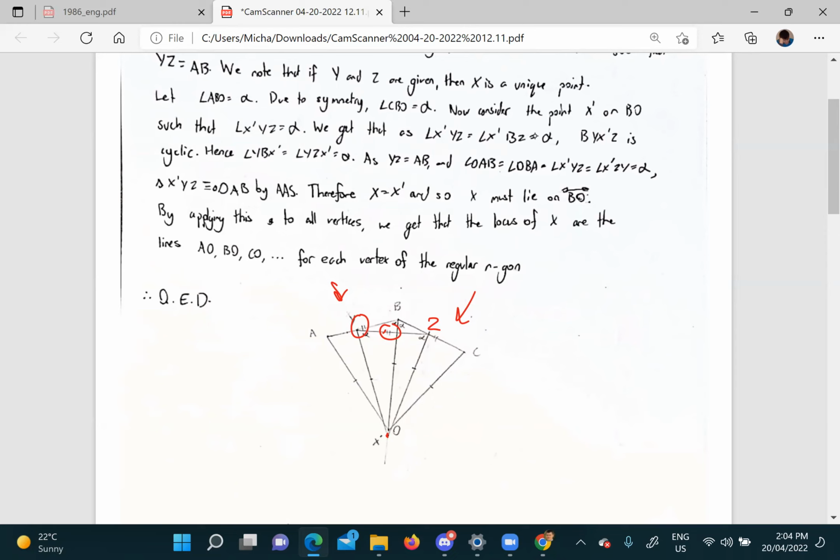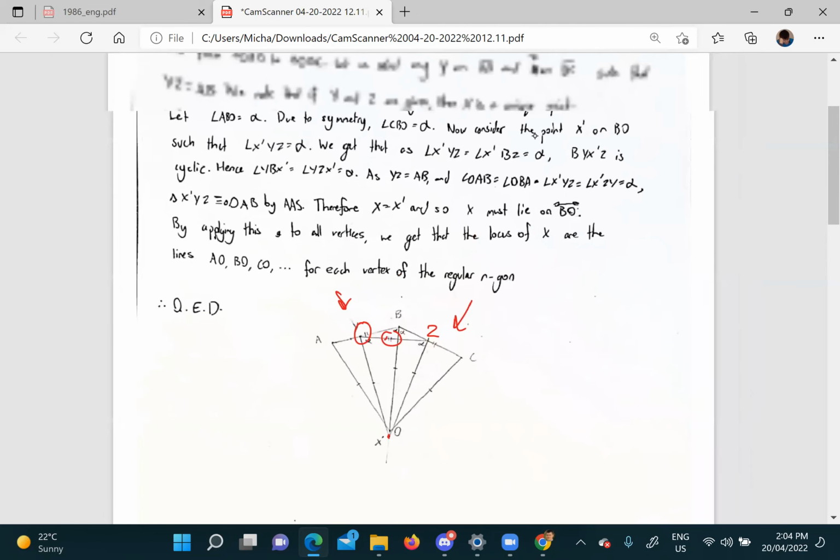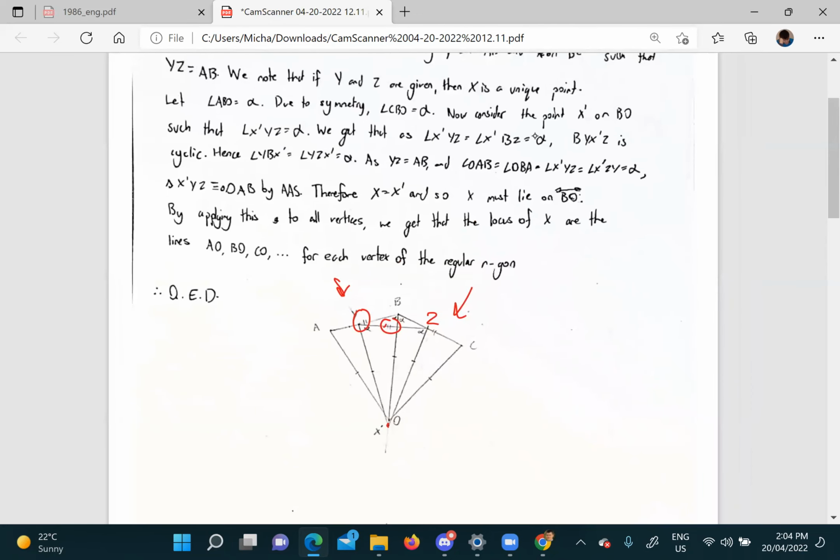We get that angle X prime YZ equals X prime BZ. Okay, true.